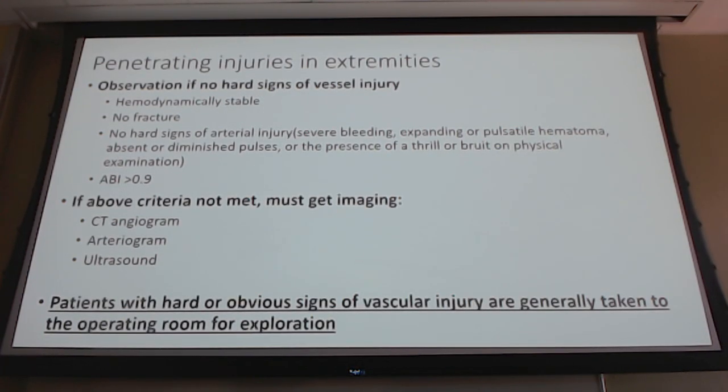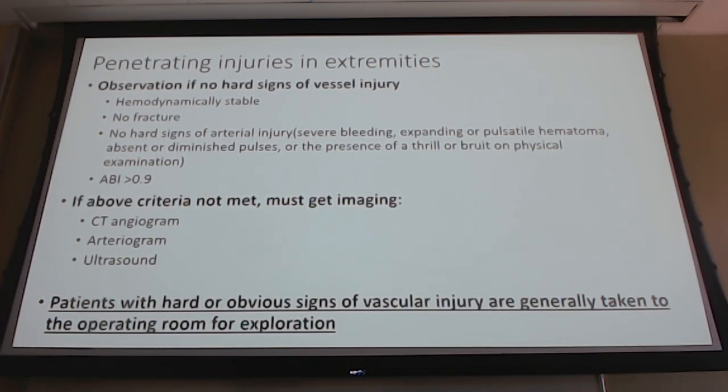Alright. So, when we are looking at penetrating injuries, we want to look at hard signs. Okay? If there's no hard signs, so if they're hemodynamically stable, there's no fractures, and no hard signs. So no severe bleeding, no expanding or pulsatile hematoma, no absent or diminished distal pulses, and there's no presence of a thrill or bruit, okay?